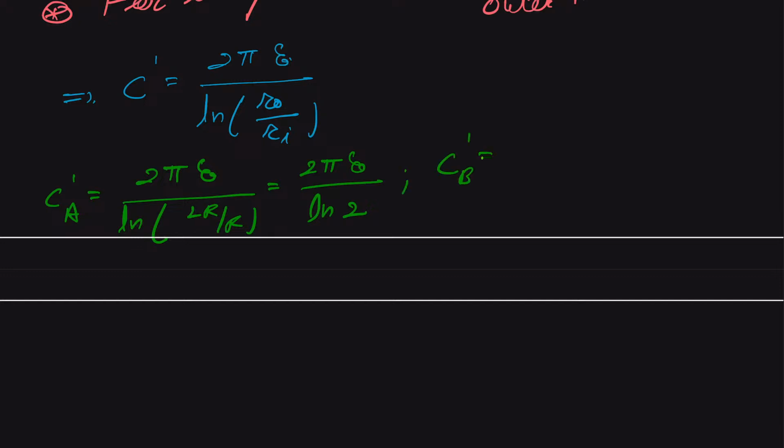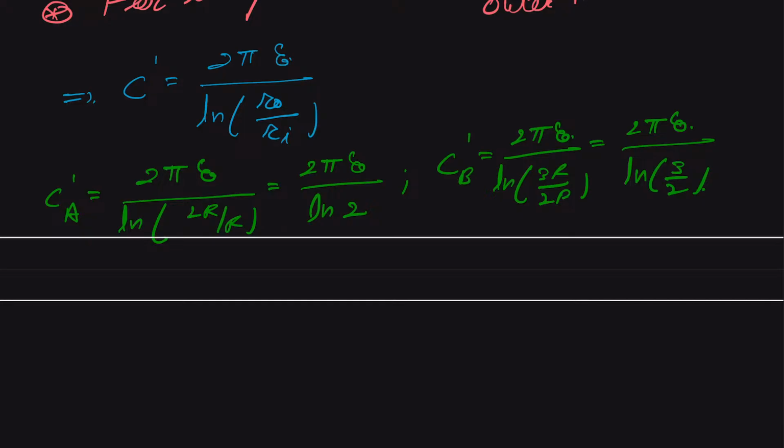Similarly, Cb prime will be equal to 2 pi epsilon naught upon natural log of 3r upon 2r, which gives 2 pi epsilon naught upon natural log of 3 by 2.